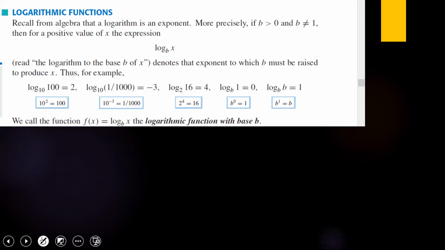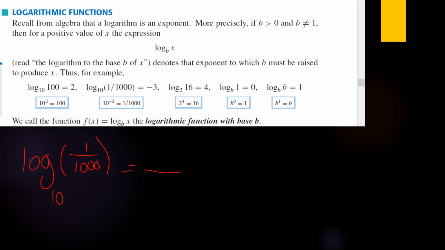Another example. Logarithm to the base 10 of 1 over 1000 equals what? How do you solve it? 1 over 1000, I can write it as 10 to the power negative 3.